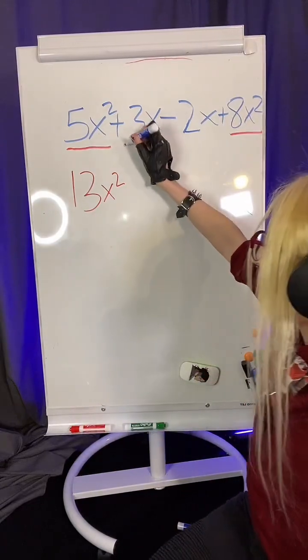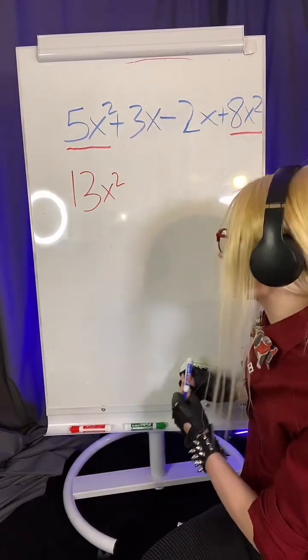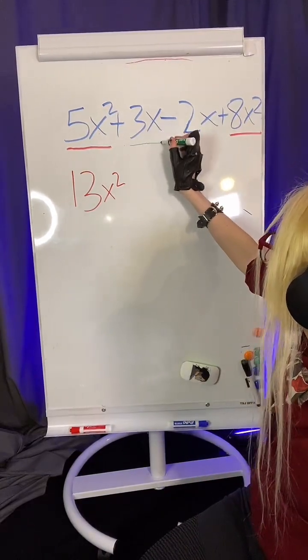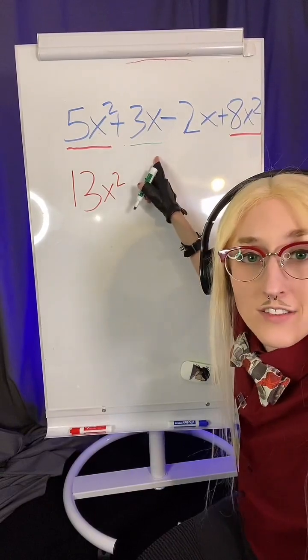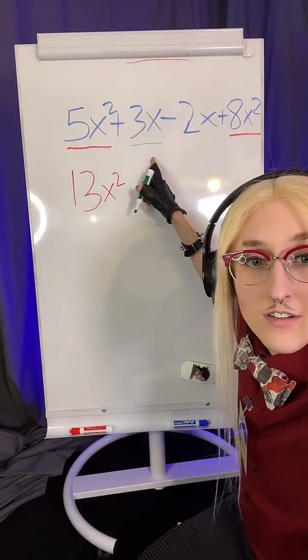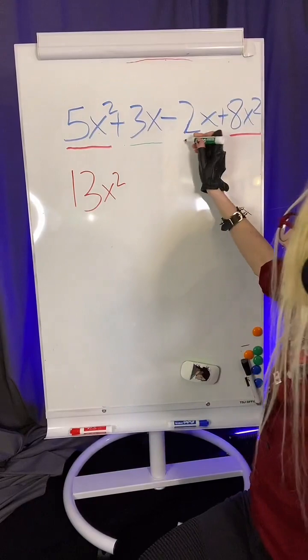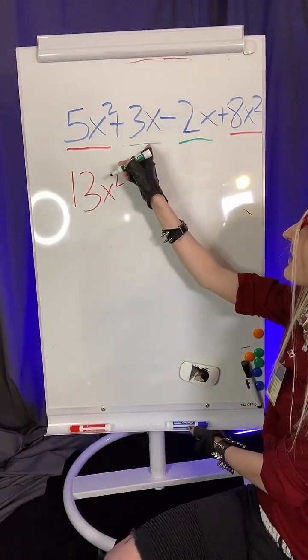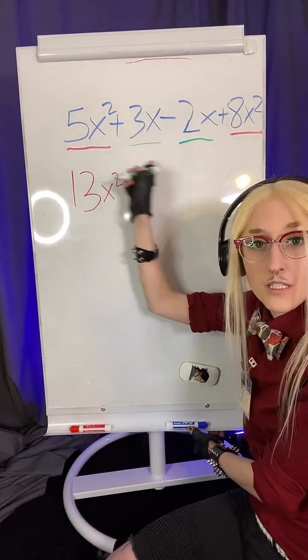So now I move on to my next term. Oh, I don't want to use blue. I want to use a different color. There it is, green. I've got 3x, and I'm just going to look for anything else that has an x, anything else that follows that pattern. I've got a 2x. Neato. So now I've got 3x minus 2x. Well, what's 3 minus 2?